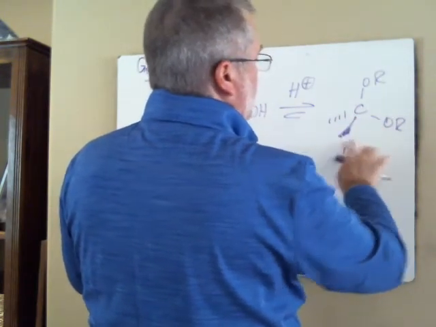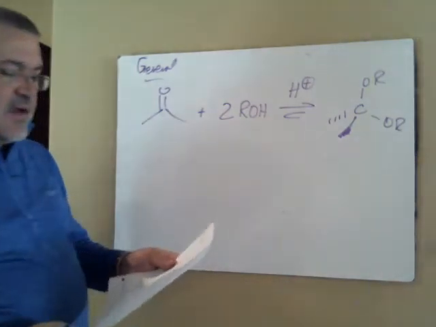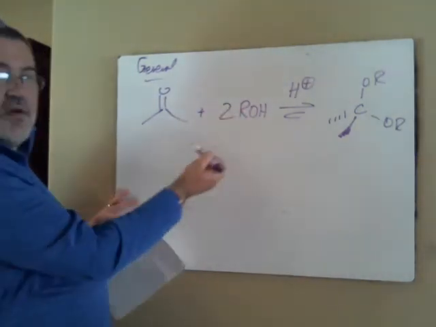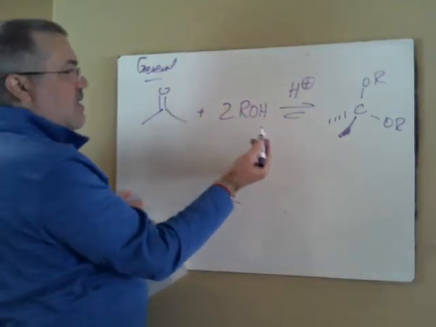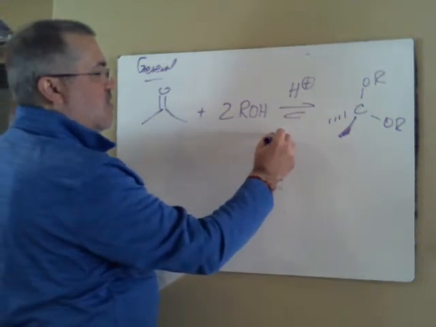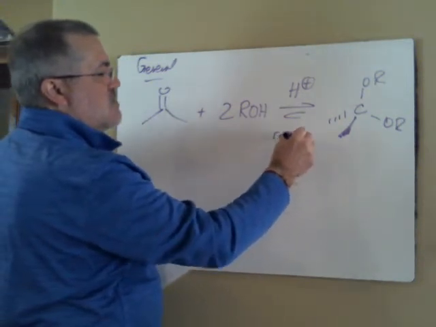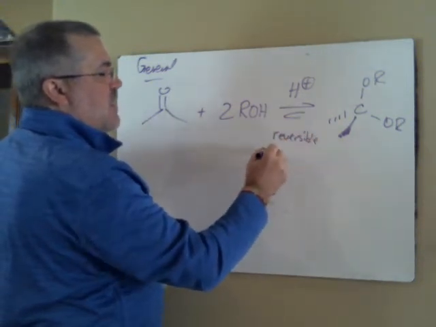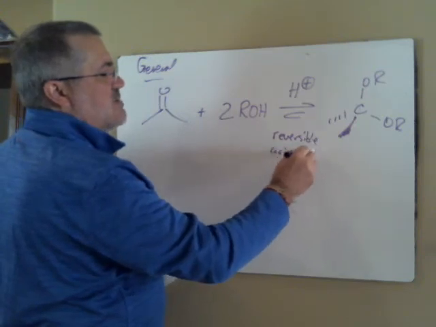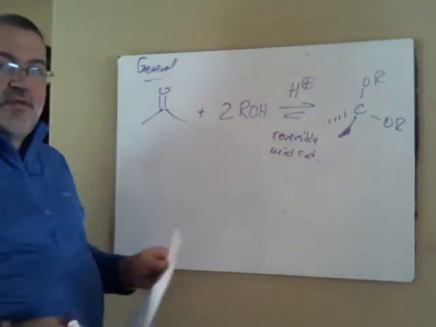I didn't use R, so I won't put them there. So already you can see from what I've drawn that this is reversible and it's acid catalyzed. So we know both those things.